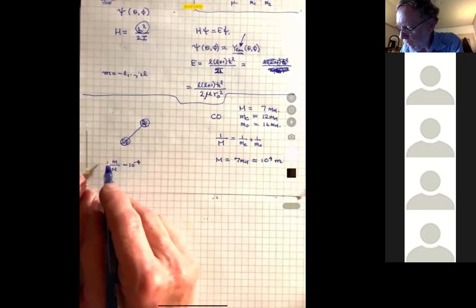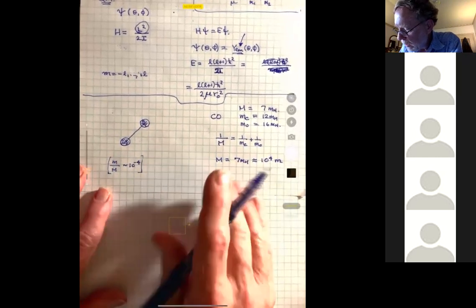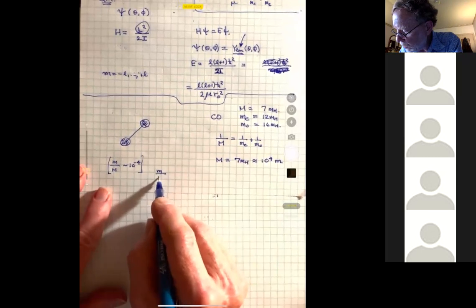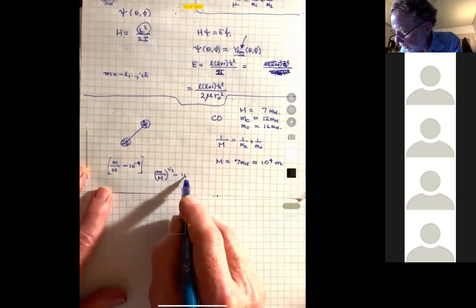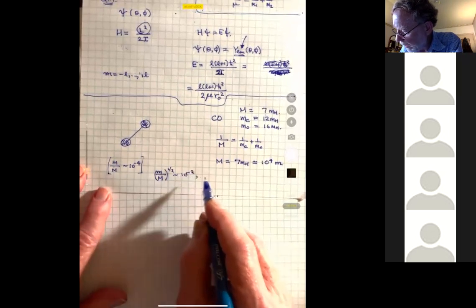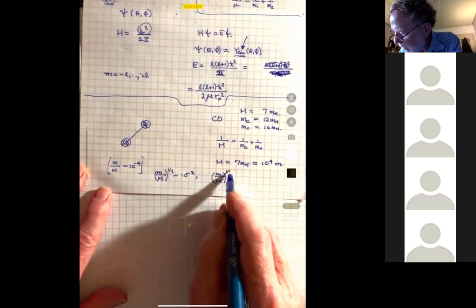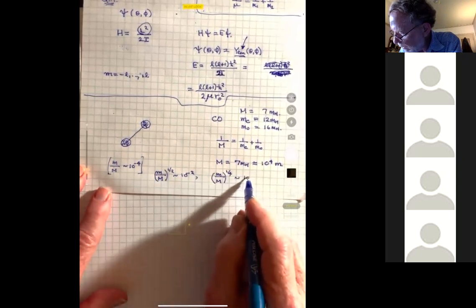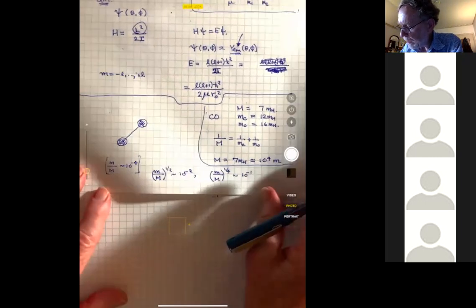And this is a small parameter which appears in the analysis of molecules. Other small parameters that appear are the square root of the mass ratio, (m over M) to the 1/2 power, which is about 10 to the minus 2, or about 1 in 100, or the mass ratio to the 1/4 power, which is about 1/10, 10 to the minus 1. And we'll see these various parameters appearing in the analysis of the molecule.